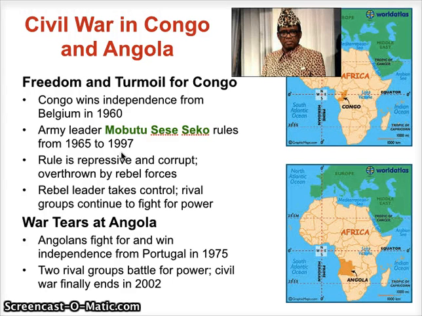And the one rebel group that does that is led by a man named Kabila. Now, Kabila was claiming to bring democracy to the Congo, but also ends up ruling with a dictatorship. And eventually he is overthrown again, and he ends up being killed by different rebel groups.